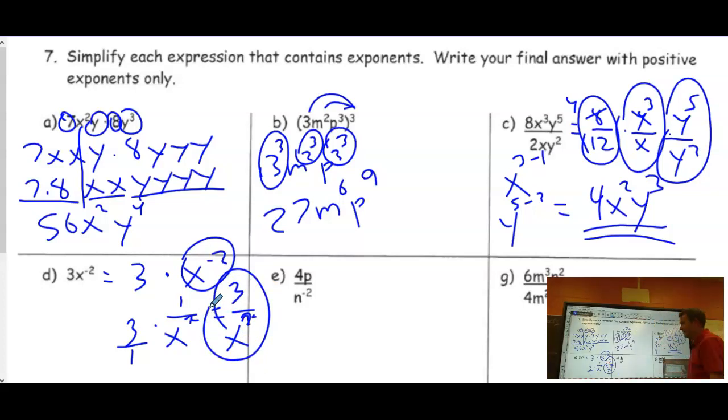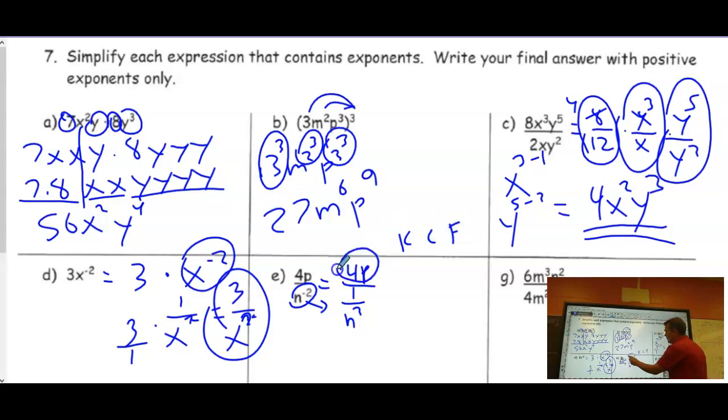All right, this one's even trickier. So I've got 4p divided by n to the negative 2nd. Remember, that is 4p over 1 over n to the positive 2nd. So I took this thing and I took its reciprocal. Now I'm going to use a little keep change flip, and I'm going to divide these fractions.